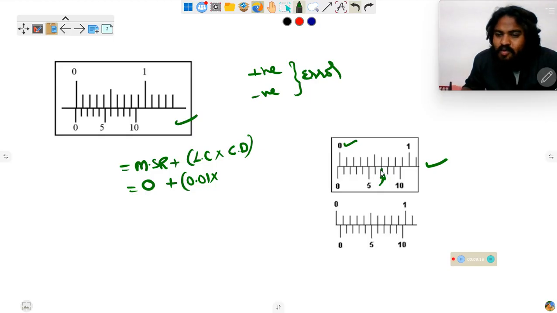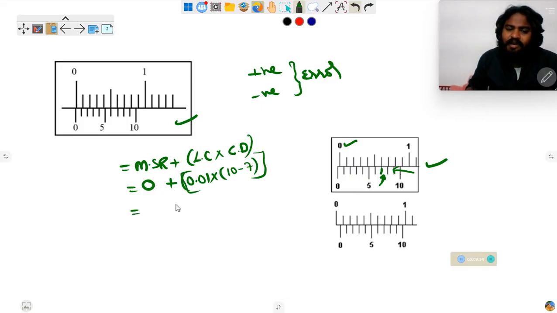So for negative error you must calculate from this side, 1 2 3, right? Or else you can do one thing, whatever the coinciding point, 10 minus the coinciding point, do this to calculate the negative error. Okay? Right? So now what happens here? 0.01 into 3, so 0.03 centimeter.